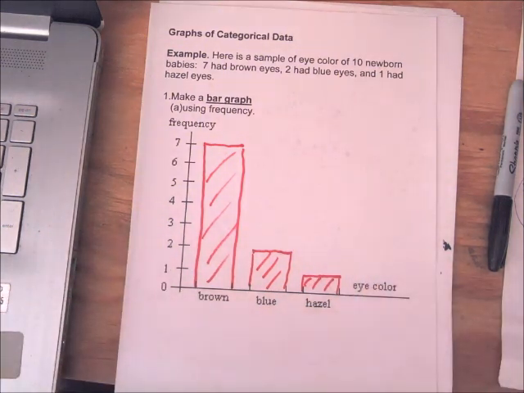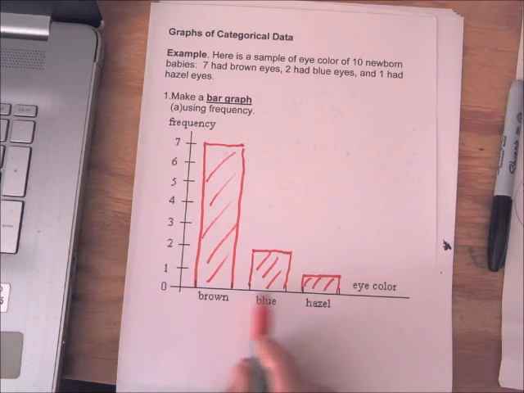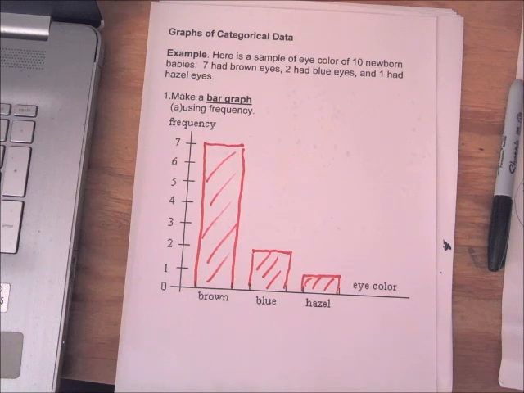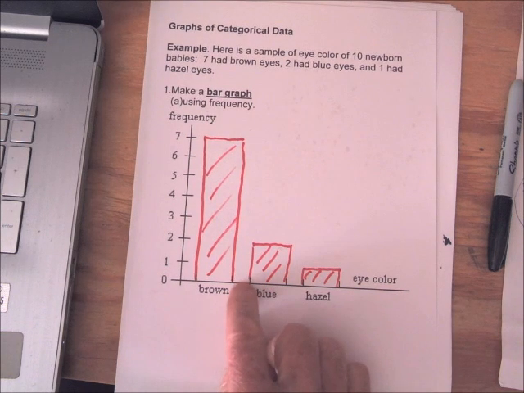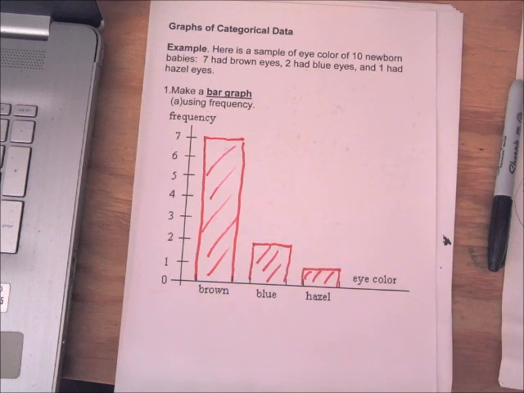So it's similar to a histogram, but just as a clue that this scale is not numeric, we leave little gaps between each bar. For a histogram, there are no gaps unless there were no cases for that value of the variable.